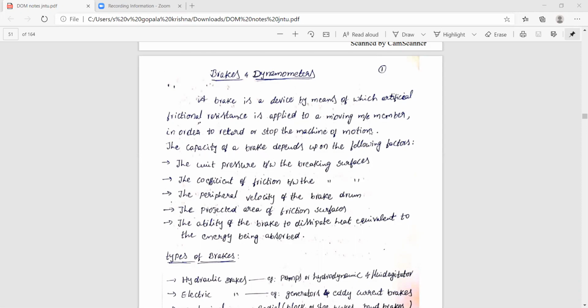Coming to our brakes, the point of view depends upon the following five factors.